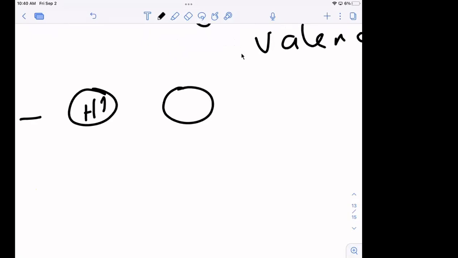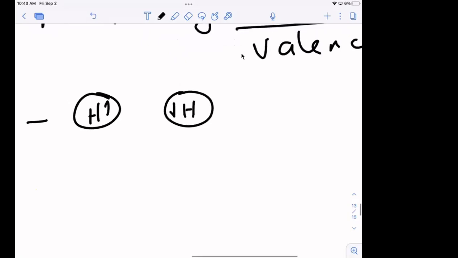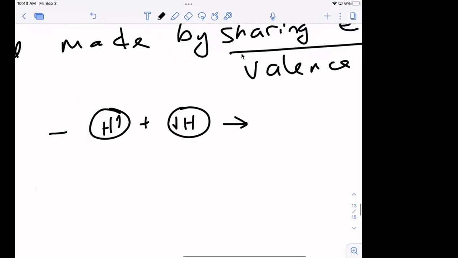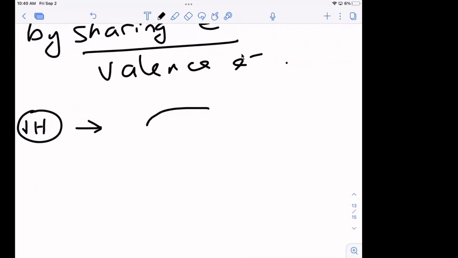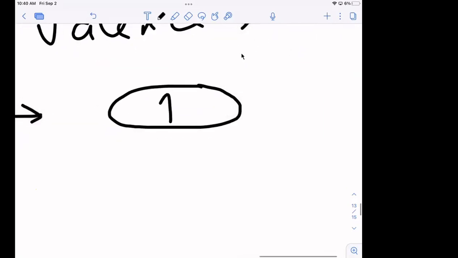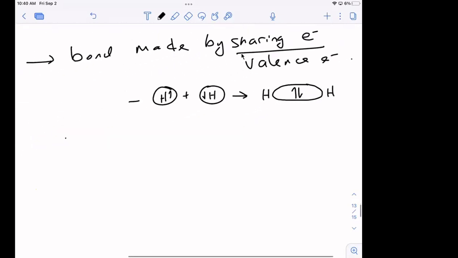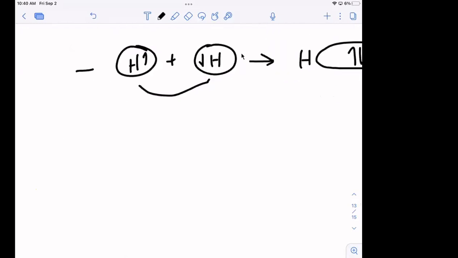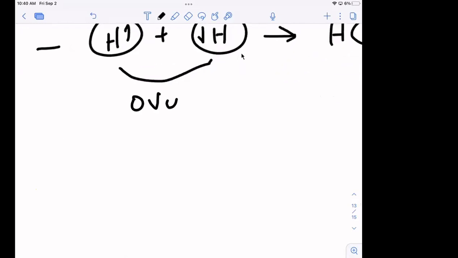and you have another hydrogen atom with one electron, and you add them together, that's going to be constructive overlap. So the two orbitals are going to add, and then the electrons are going to be here, right? There's going to be a hydrogen here and a hydrogen here. In order to add these together, we got to overlap those orbitals.